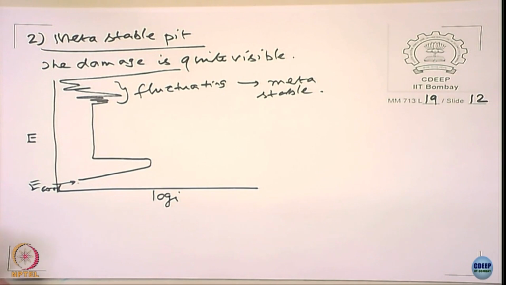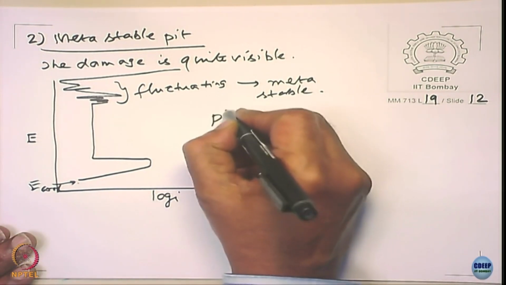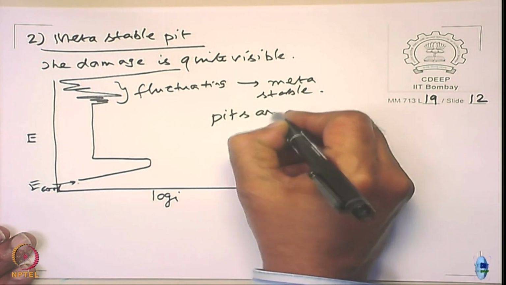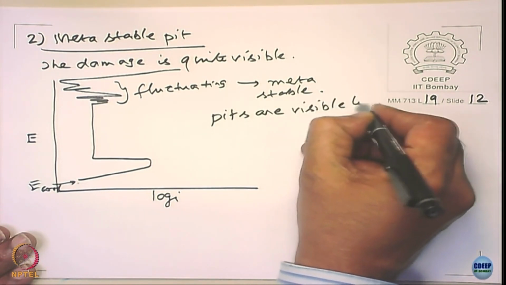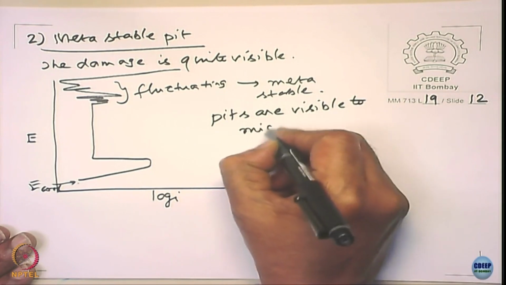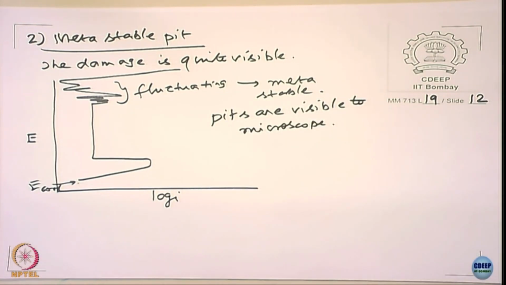Why do I call it metastable here? The pits are visible. Pits are visible to a microscope. You just see them in the microscope. They can be 1 micron or half a micron, visible, right?